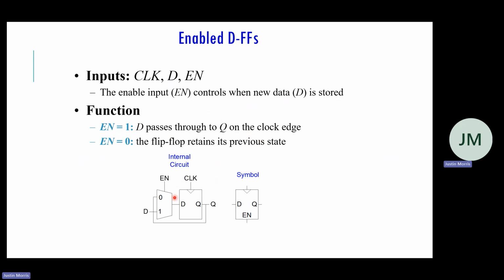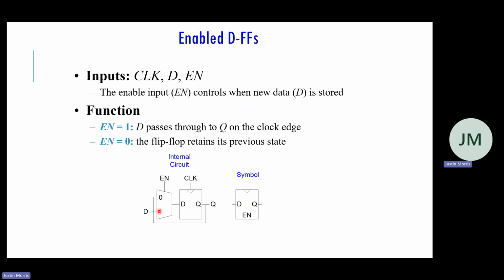So we can achieve this with a normal D flip-flop and this multiplexer, right? Because now, if enable is 0, I just put back into it what it previously held.